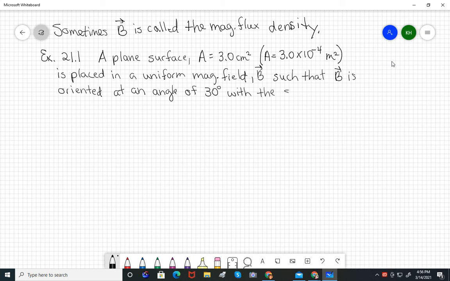Now you're going to have to read these problems very carefully. This does not say that B makes a 30-degree angle with the normal to the surface. It says it makes a 30-degree angle with the surface. So the first question it asks is, what is phi? So we have this magnetic field. We'll draw it uniformly pointing to the right.